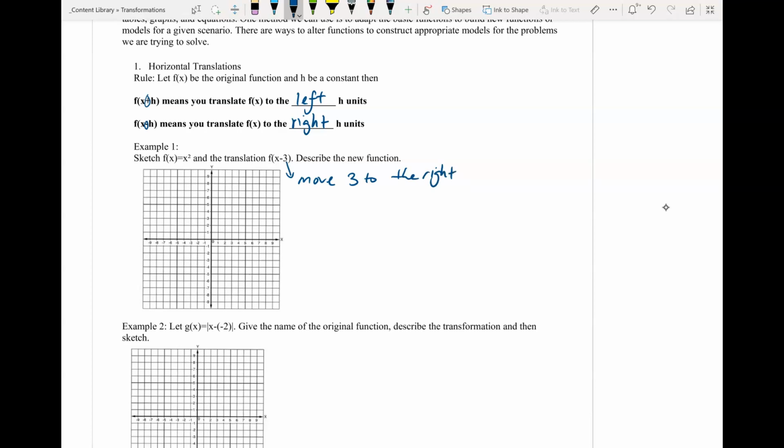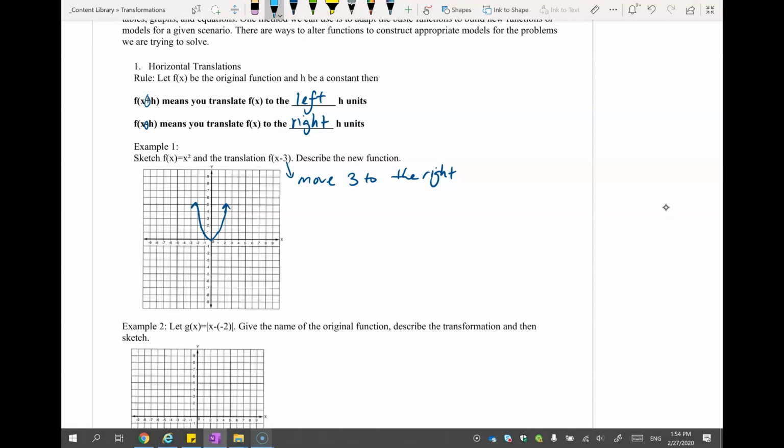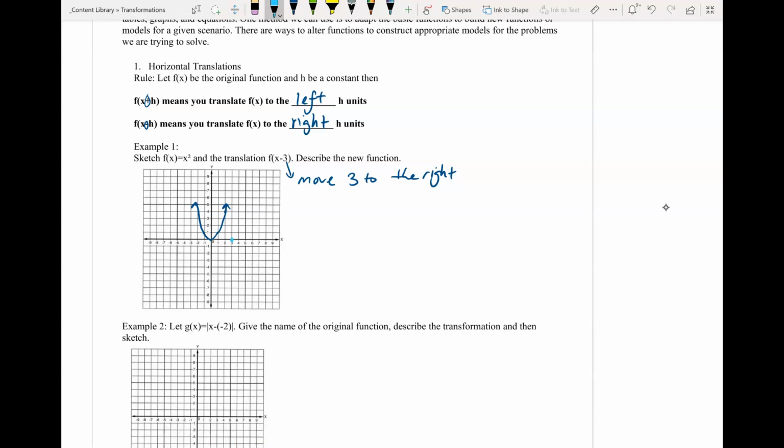Okay, so I'm going to graph just our x squared here, my standard x squared graph. Now my new graph is just going to be the same graph, but move all those points 3 to the right. So my vertex used to be at (0, 0). I can move it over 3 to the right: 1, 2, 3. That is my new vertex.